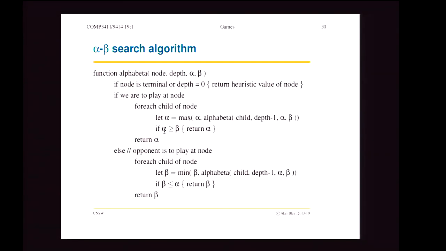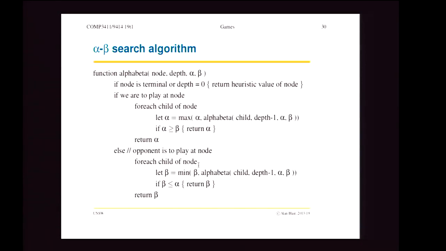But if the maximum ever becomes bigger than beta, then we cut off the search and don't search any more children and just return the biggest number we have so far. And the same thing with beta.